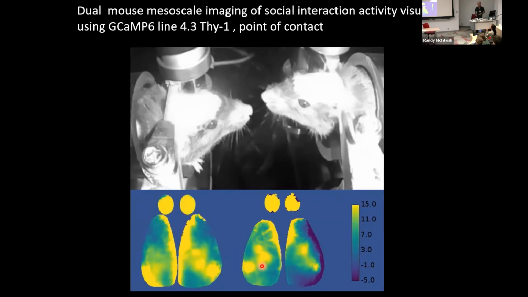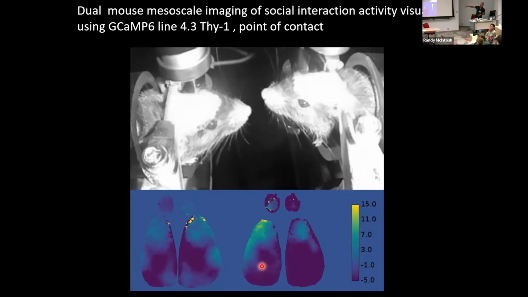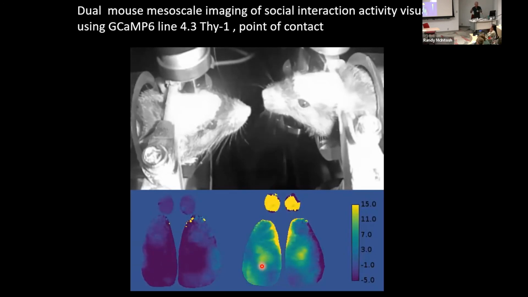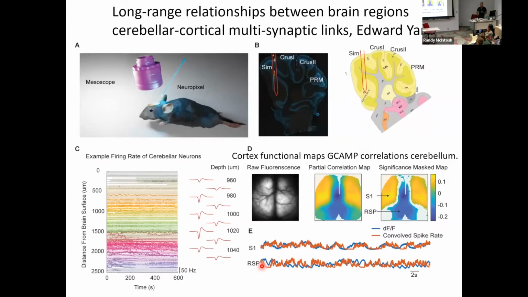We're trying to understand how animals interact socially. We have a system now where 3 mice interact with a rail-based system, so we can very rapidly switch between different partner brain interactions.